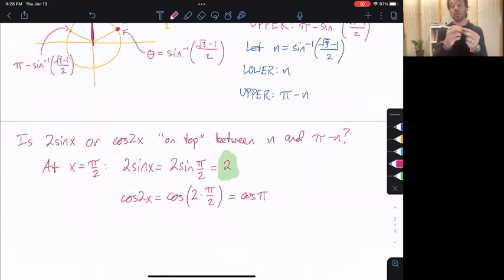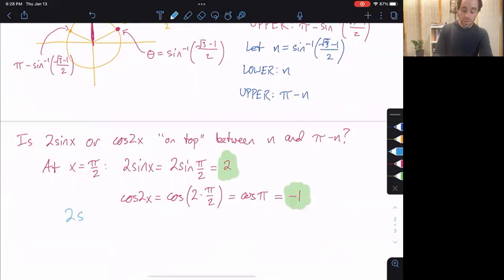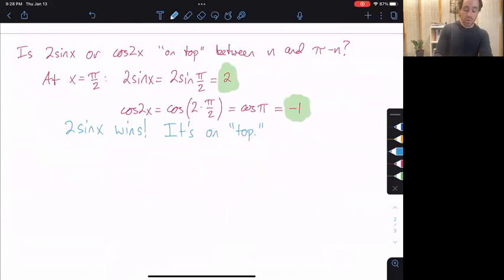And cosine of pi is the x-coordinate of the leftmost point on the unit circle. So that's -1. All right. This tells us that 2 sine x wins. It's on top. So we finally have an actual integral to write.